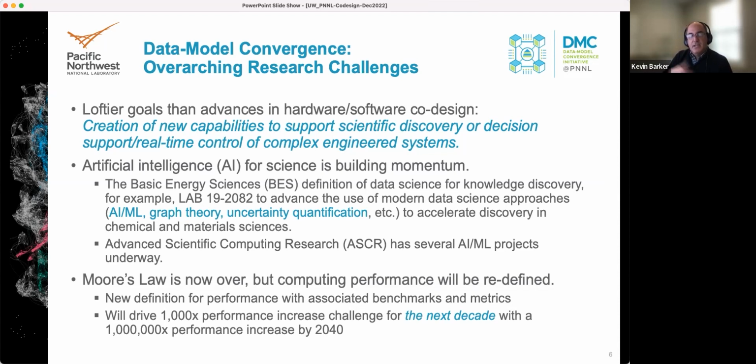So, over 20 years, could we lay the groundwork today that in the next 20 years might lead to 1 million times performance improvement? It sounds amazing, right? You could have 1 million times performance improvement in 2 decades, but that's what we've seen in the previous 2 decades. We went from terascale to exascale in roughly 20 years. So how do we continue that pace of performance improvement for the next 20 years, given that, even now, Moore's law is starting to impact GPU performance? So that's the lofty vision at any rate.